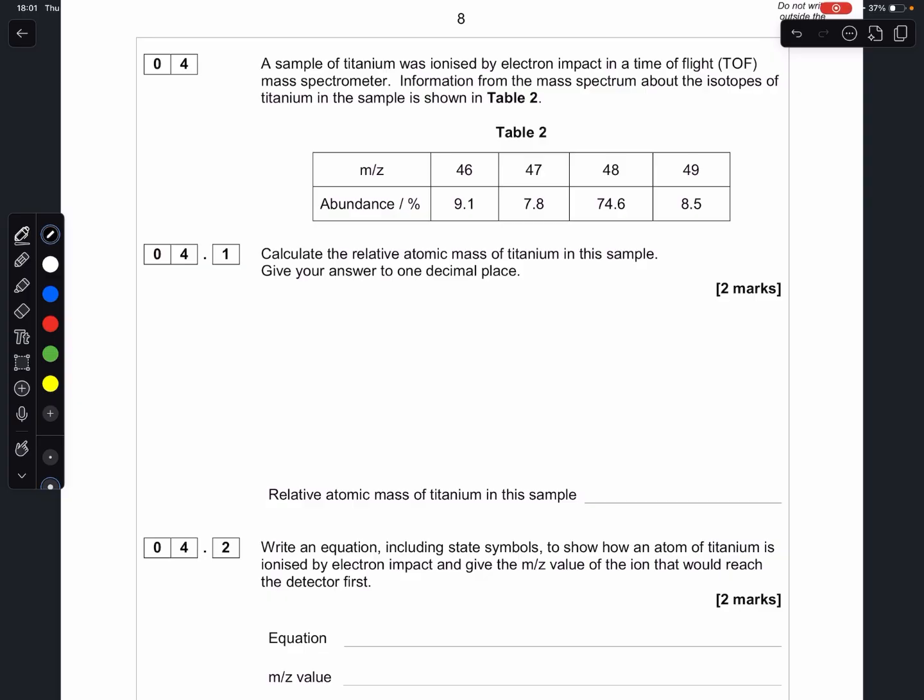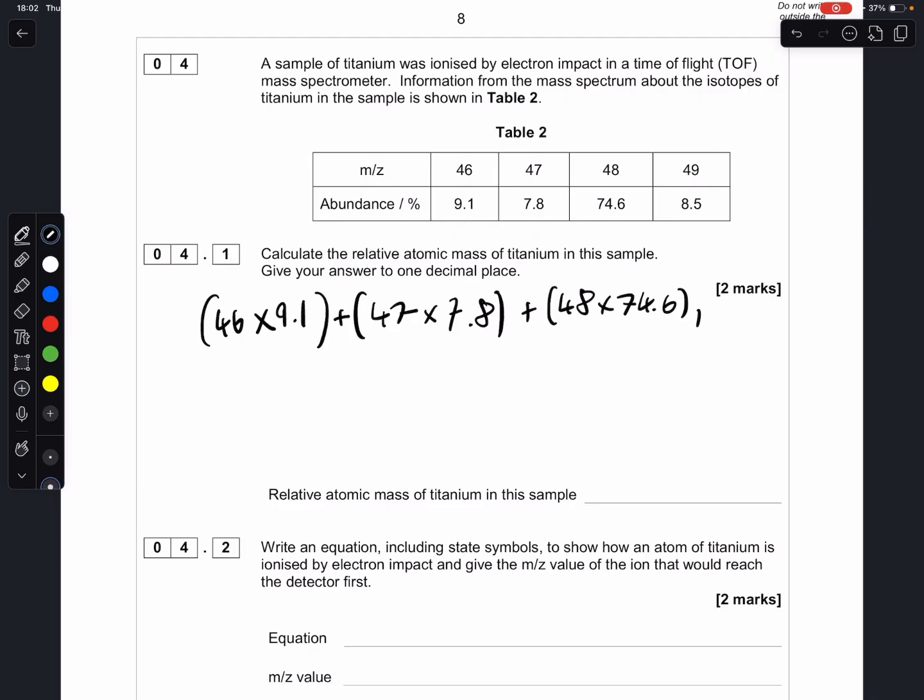So it's just going to be 46, the m/z, times the abundance, which is 9.1, plus 47 times 7.8, plus 48 times 74.6, plus 49 times 8.5, and that is all going to be divided by 100.